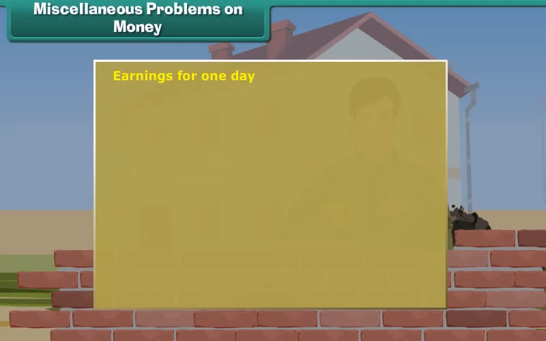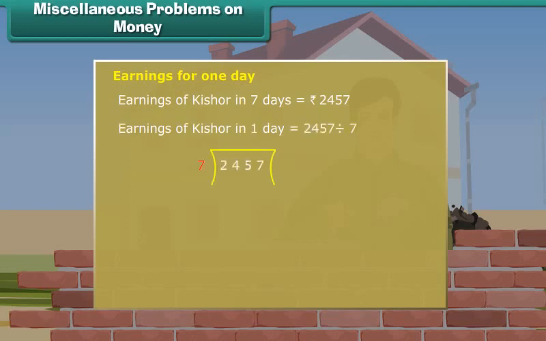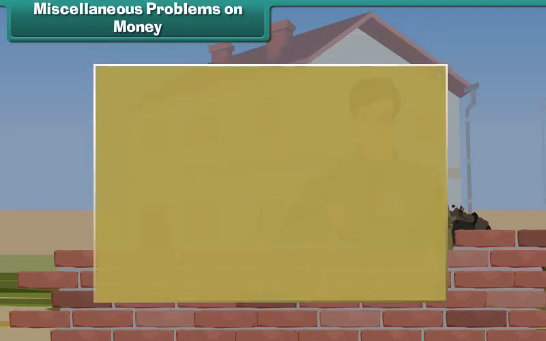First, we work out the earnings of Kishore for 1 day. Earnings of Kishore in 7 days is 2,457. Earnings of Kishore in 1 day is equal to 2,457 divided by 7, which is equal to 351 rupees. Now we work out his earnings for 52 days.